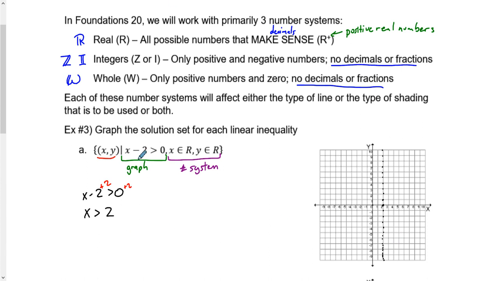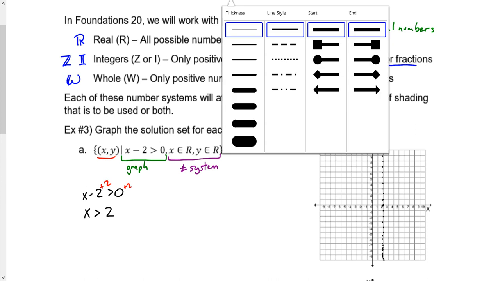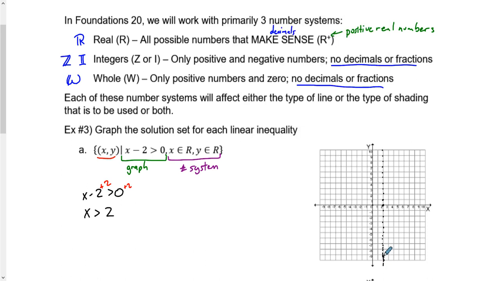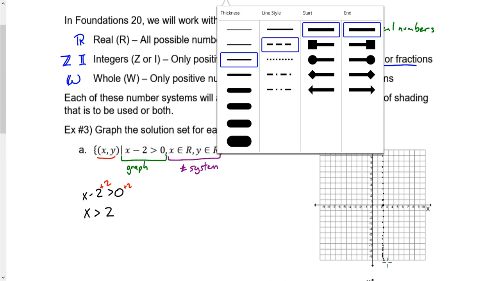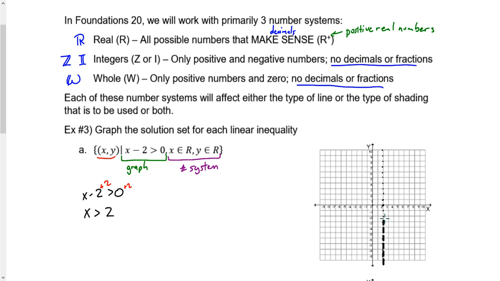So how are we going to graph this? Well, a few things. It says that we are greater than 2. So to be greater than 2 means that we're going to have to use a dashed line in this case, because to be just greater than 2 means that we are not going to be equal to 2.